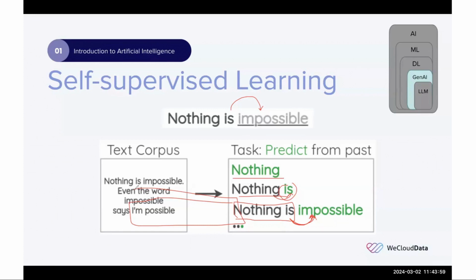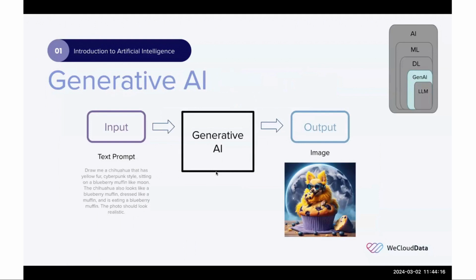ChatGPT used to have some limitations on token size. The more context it has, the better prediction it can make. But in order to train this kind of model, we can't label all of this data. We have to use self-supervised learning to label the data, and we'll talk about that briefly shortly.